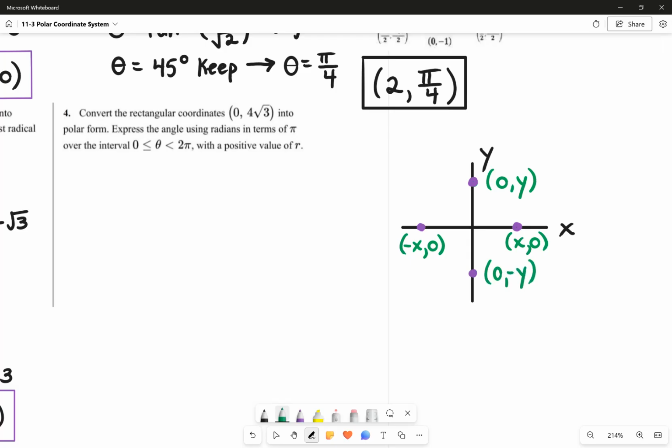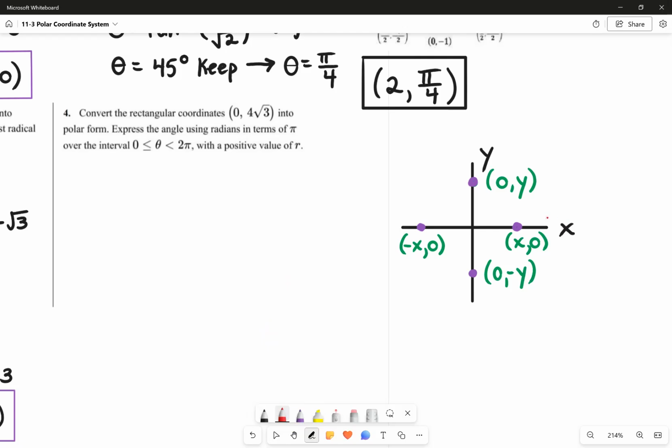Again, if you start here, you would have gone right x, comma 0, or left x, comma 0. Or if you started here and you just went up, then you went positive y, or if you went down, you went negative y. What I want you to make a note of is that at each one of these points, you have an angle measurement.